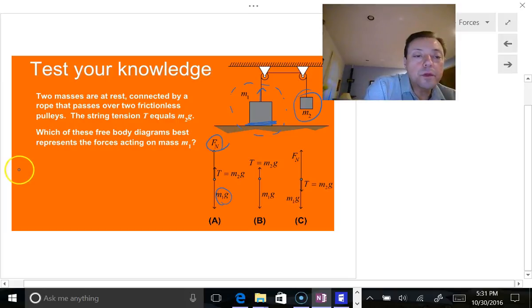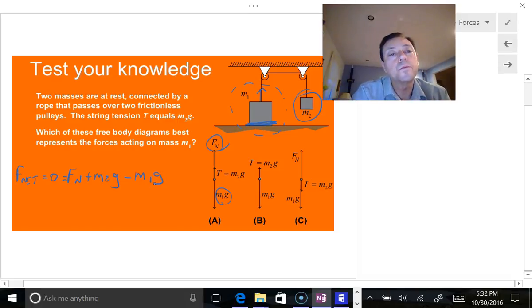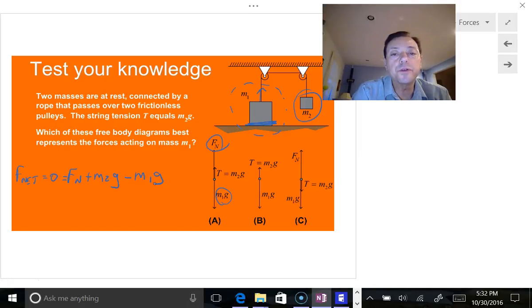So if I were to say that the net force is equal to 0, it would be the normal force plus M2G minus M1G. Which of these free body diagrams best represents the forces acting on mass 1?